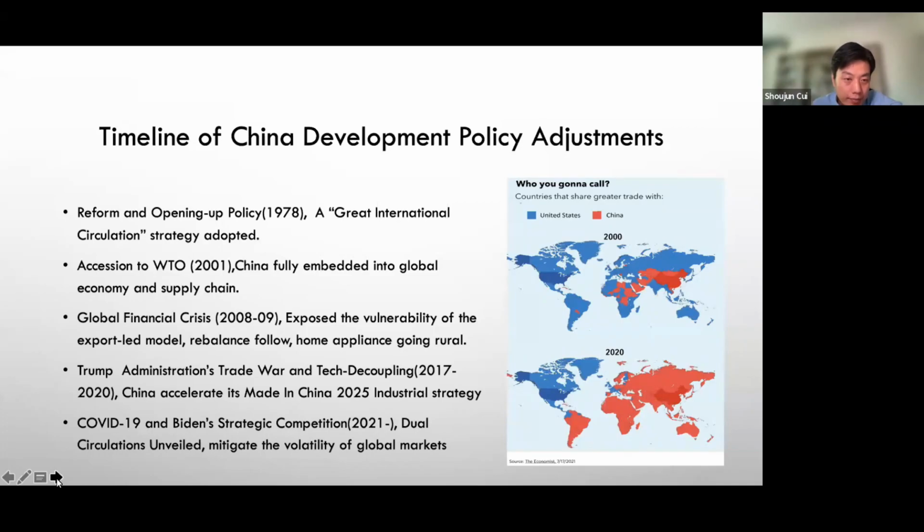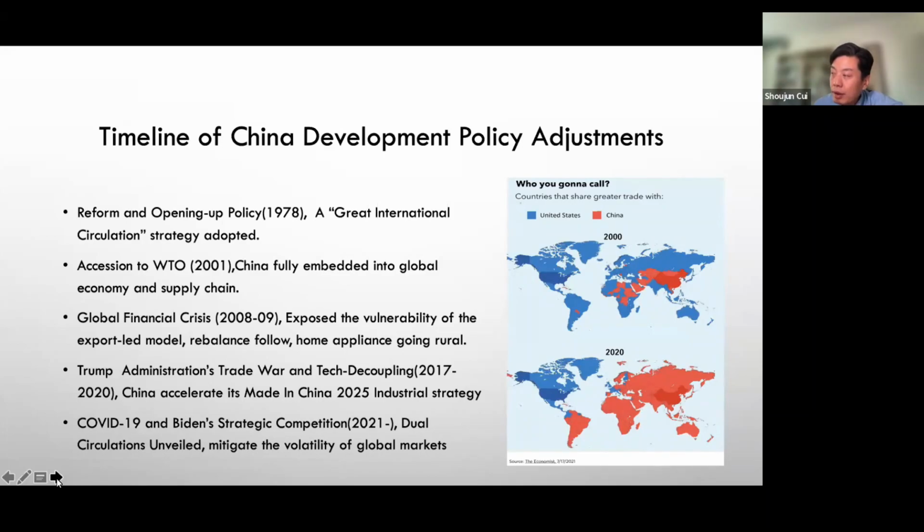I think the second step is China's accession to the WTO. That is 2001. After more than 10 years of negotiation, China was finally accepted as a member of the WTO. So from that point on, China became fully embedded in the global economy and the supply chain.